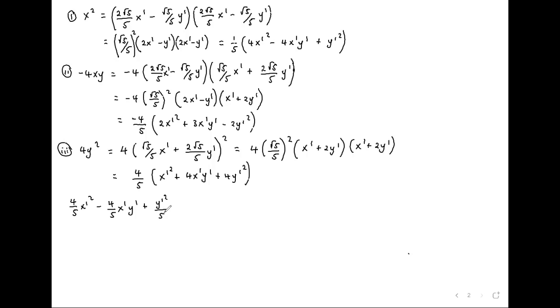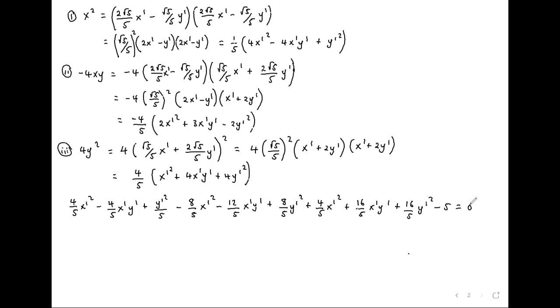Plus the middle one, which is minus 8 over 5 x prime squared minus 12 over 5 x prime y prime plus 8 over 5 y prime squared, plus 4 over 5 x prime squared plus 16 over 5 x prime y prime plus 16 over 5 y prime squared minus 5 is equal to 0.